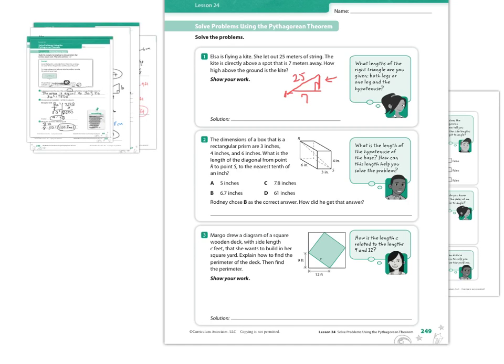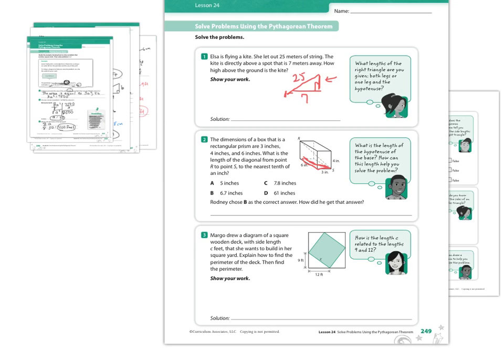Go for it. Number 2, okay, we have a rectangular prism. What is the length of the diagonal from point R to point S? Very similar to the two questions we did previously. The first thing you will need to do is find the hypotenuse of the base of that figure. I know it's hard to see, my drawing isn't perfect, but there's a right triangle on the base of that figure.